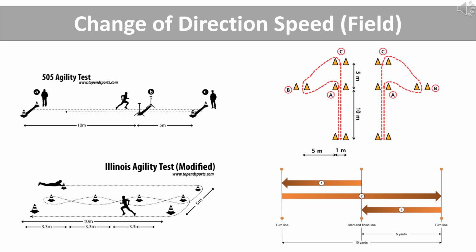So the next physical characteristic that we'll focus on is change of direction speed, and I'll only be focusing on this particular physical capacity in the field. Now, there's been some phenomenal literature come out in the last 10 to 15 years on COD speed, and I'm sure many of you listening will know that there's a number of different change of direction speed tests that we can utilize to assess COD performance in our athletes, and we've put a few of those examples here on this slide, such as the 505 test, the Illinois, the Arrowhead agility test, and the Pro agility test here.